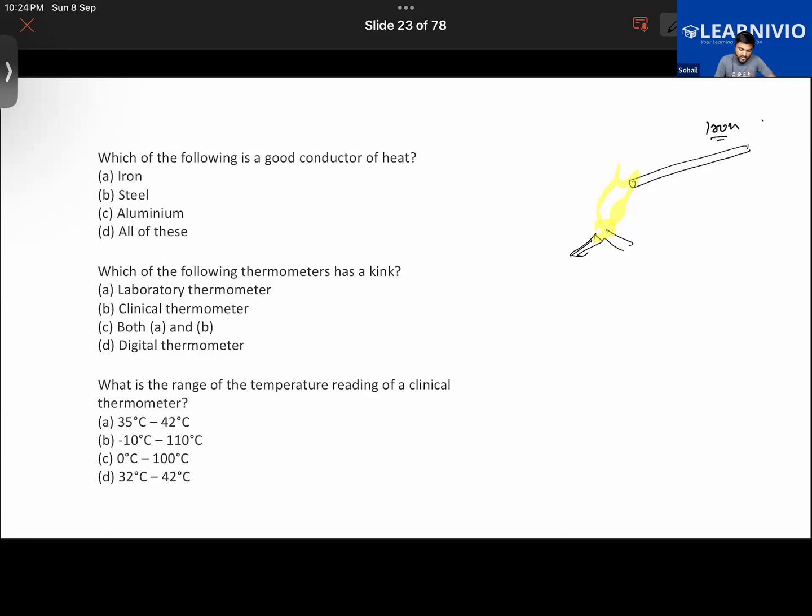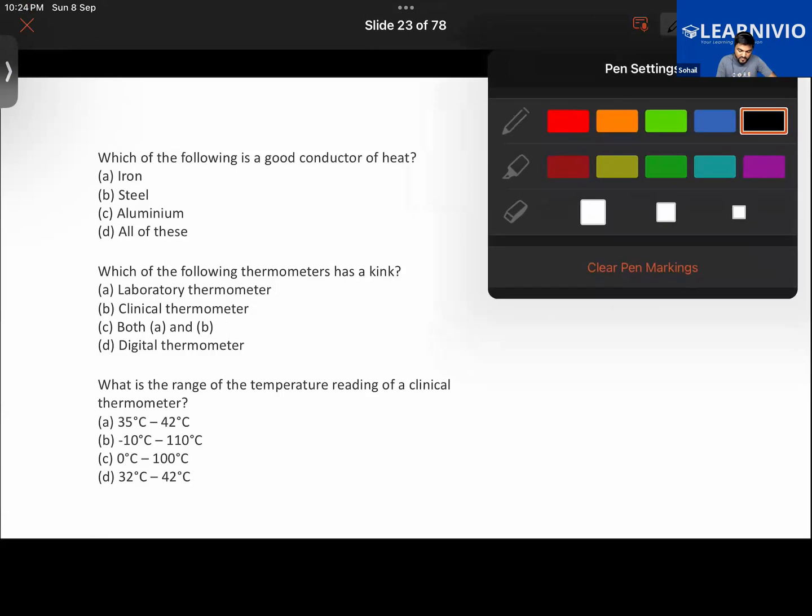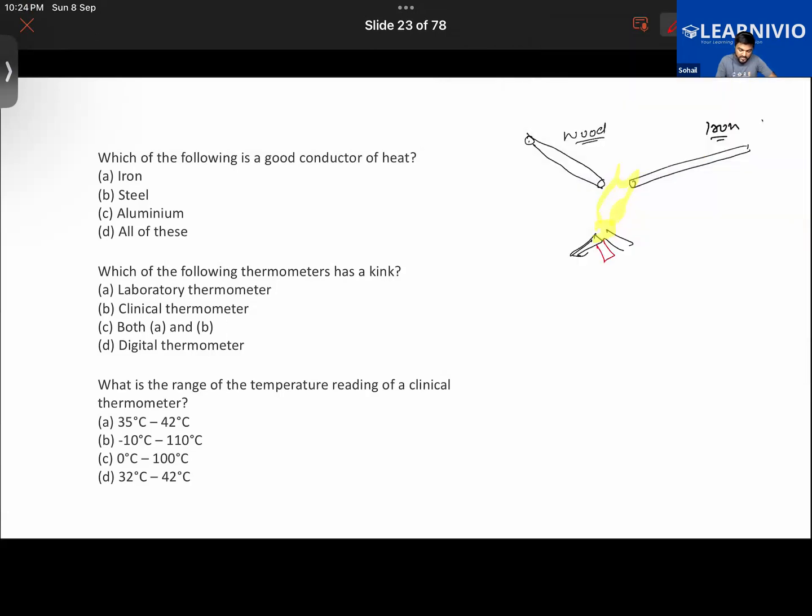Now in another place, there is a person holding a wooden stick. Which person will drop it? Will the person holding the iron drop it, or will the person holding wood drop it after some time? The person who holds the iron.